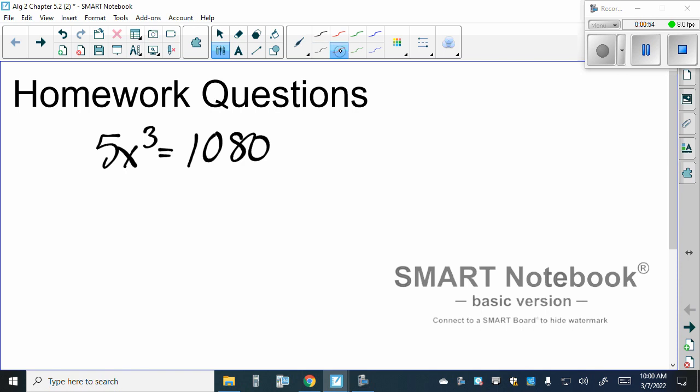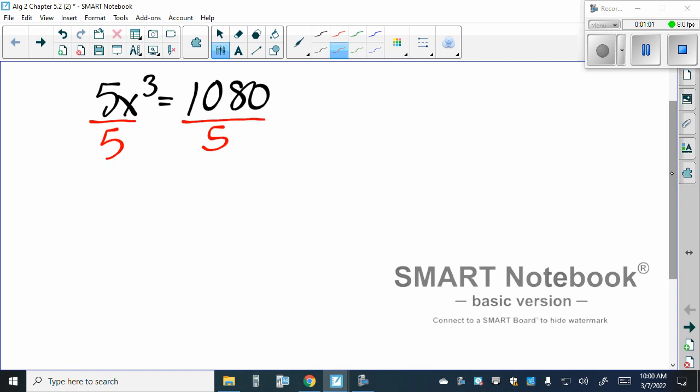So the first thing we can do here is divide both sides by 5, because we're wanting to try to get x by itself. That'll tell us that x cubed is equal to 216.